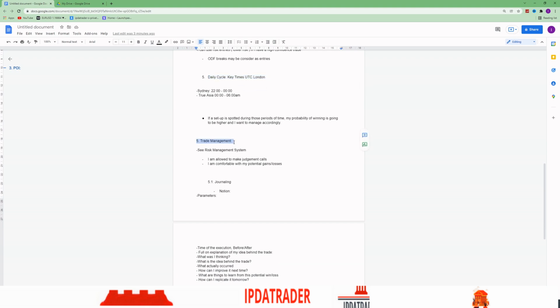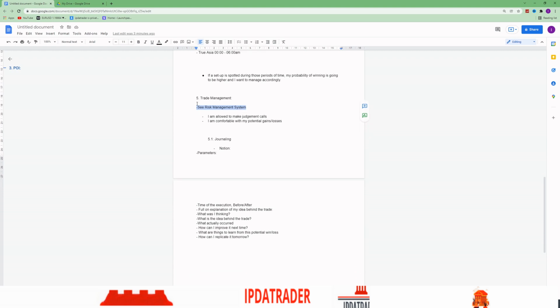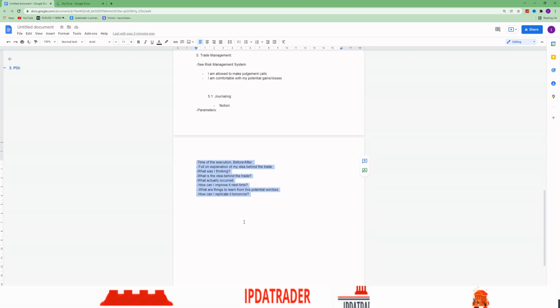The trade management aspect of it, meaning see your risk management system, because you should have one already. I'm allowed to make judgment calls. I'm comfortable with my potential gains and losses. How I'm going to be journaling my trades.